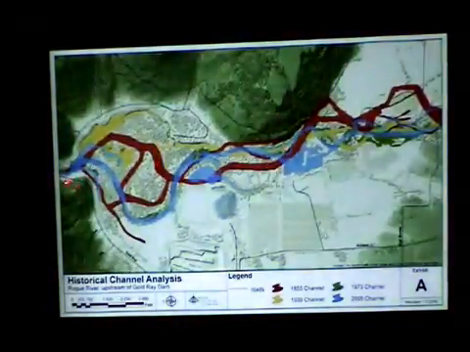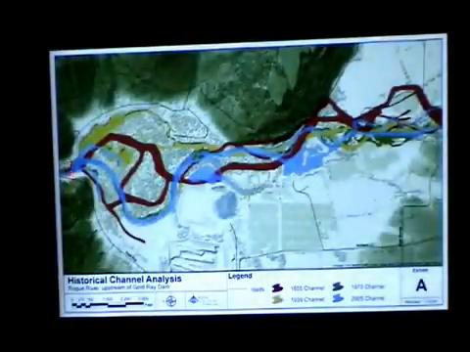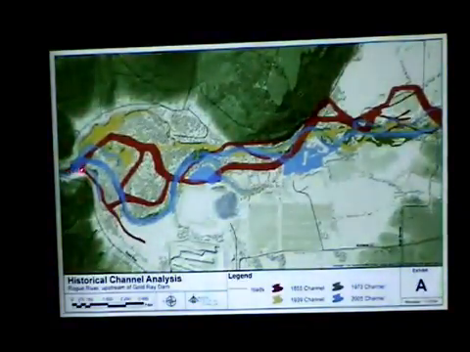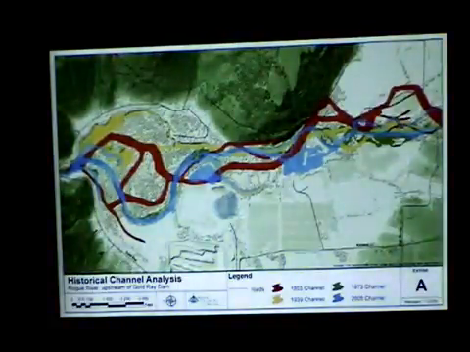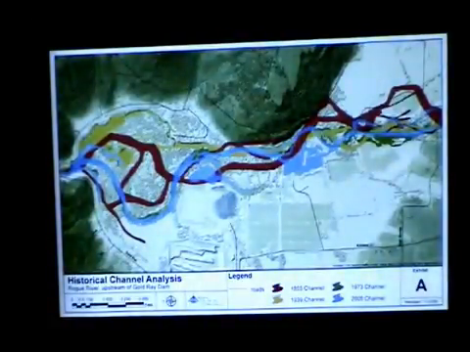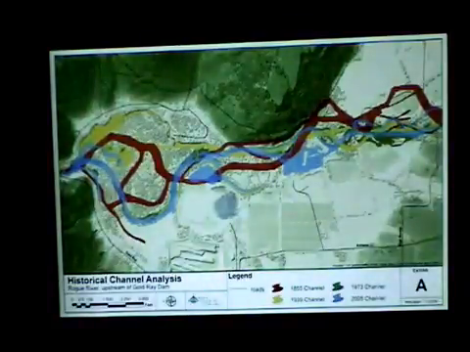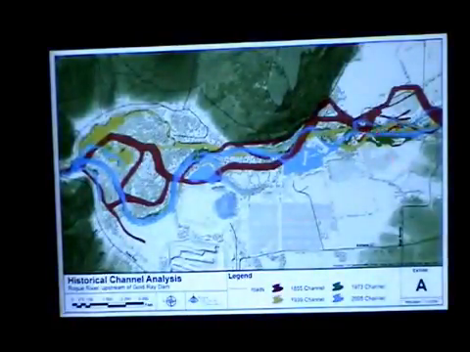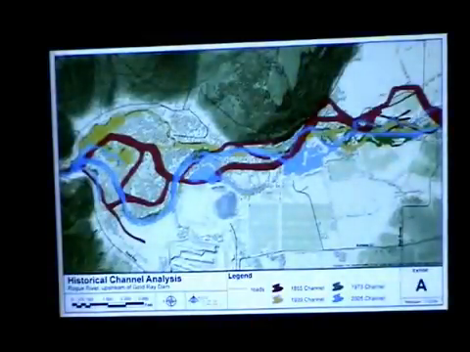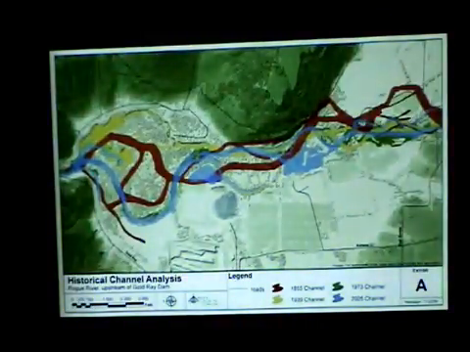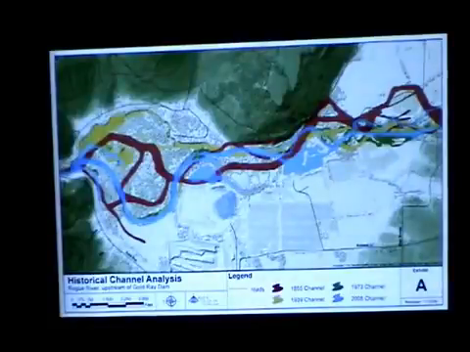And you can see when you get down to this constriction point, this is where the dam is today. When you get down to this constriction point, you have a channel that was pretty much all over the place there in 1855. Then we have the 1939 in yellow right there. Well, we got way too many duck colors here, yellow and green, right? I should have thrown that orange on there, but it just didn't look right.